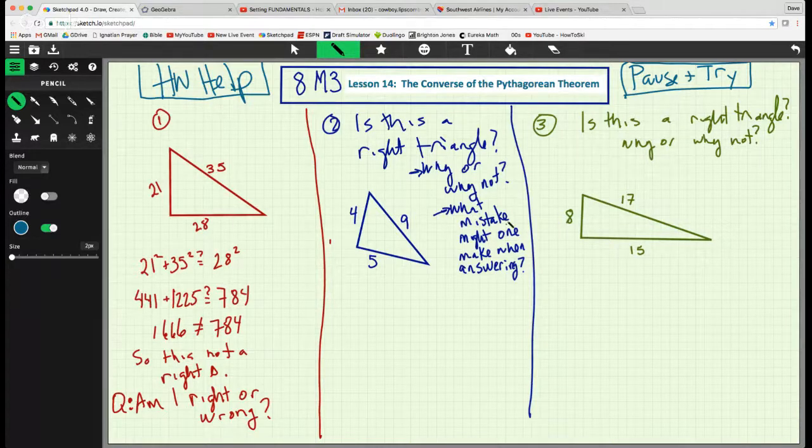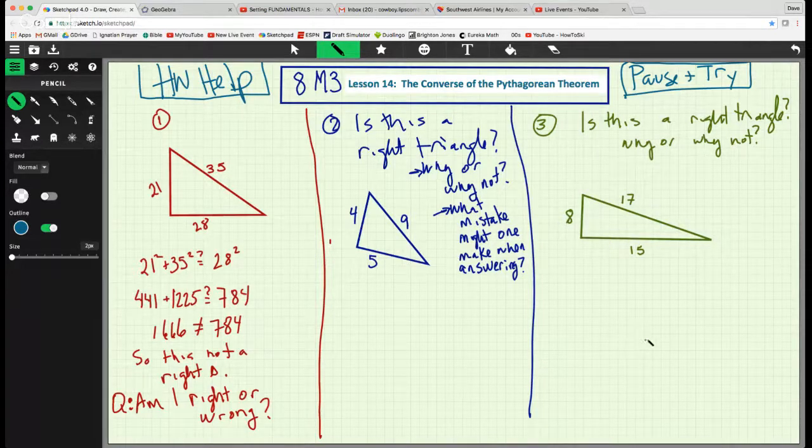In the second one, I want you to figure out whether this is true or not, and then identify what mistake someone might make when answering this question. And on the third, I just want you to answer, is this a right triangle, why or why not? Use what we just learned on the prior slide. So let's pause and try.